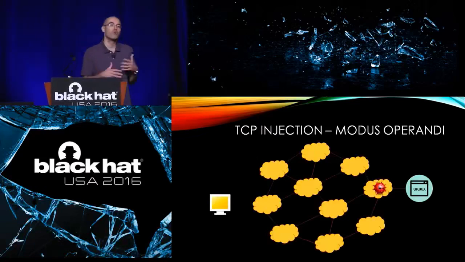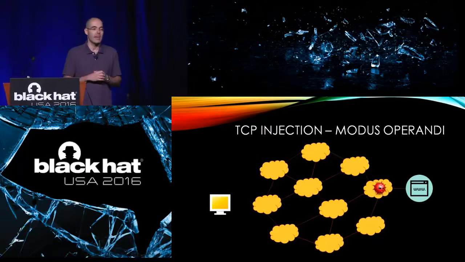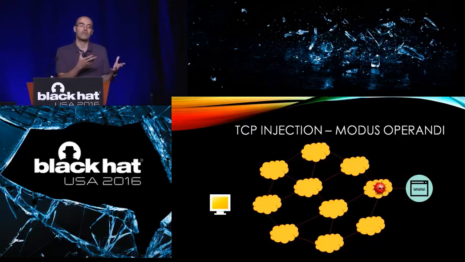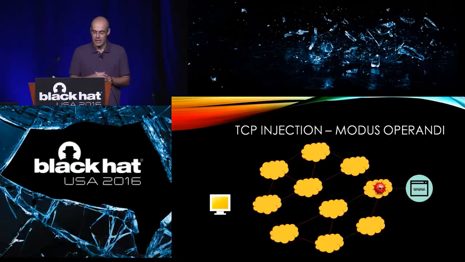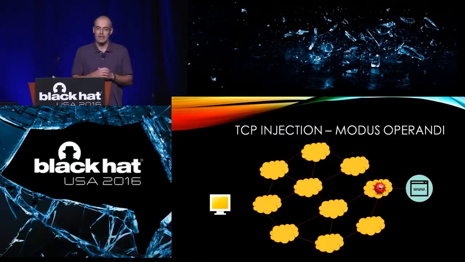So now let me walk you through a typical progression of a TCP injection attack. Let's say we have on the right a web server that is trying to deliver content to the client on the left, and we have an attacker on the network, or an injector, that tries to modify in some way the website delivered to the client.